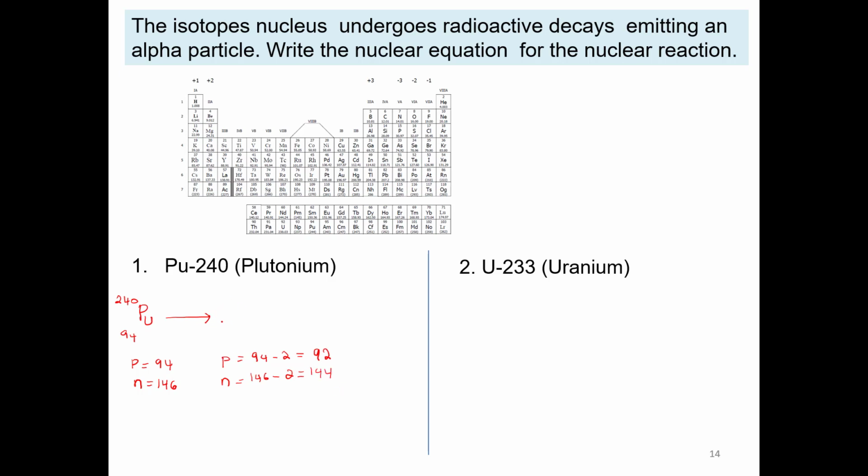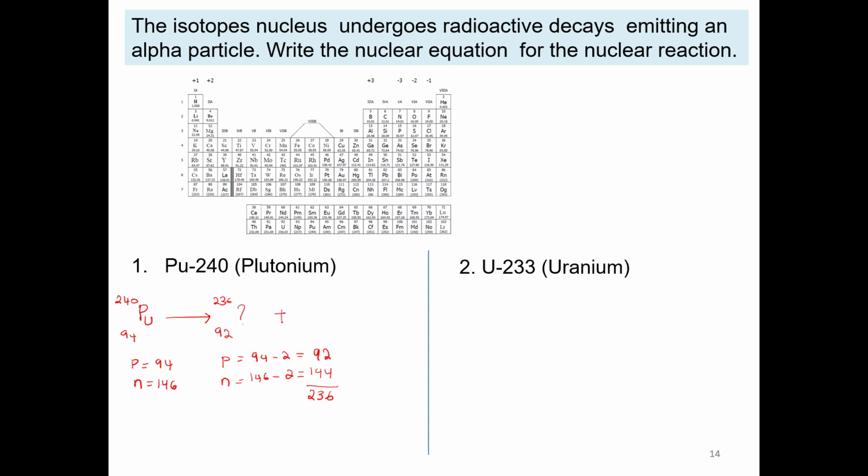Whatever we have here, we have 92 protons, and for the mass number we add them, which will be 236. So we have 92 protons and 236 as mass number. We don't yet know what element this is, but we know the atomic number is 92 and the mass number is 236.